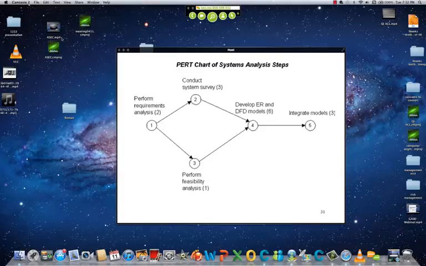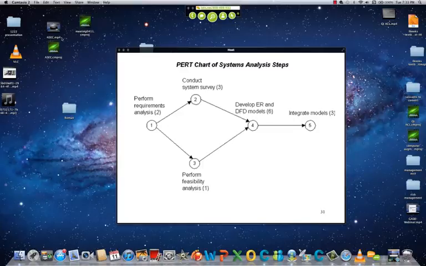And while the chart is useful, you can do some stuff here. For example, you have this conduct system survey, which takes 3 weeks, and you are allowed to simultaneously perform feasibility analysis, which takes 1 week. So what you may want to do is take more people who are working on feasibility analysis and task them to conduct the system survey.